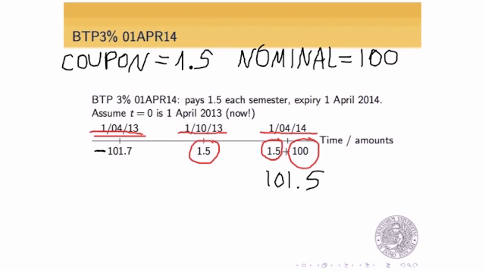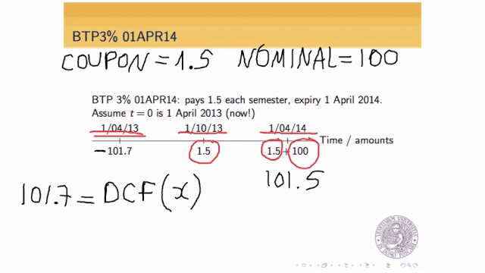So if you assume that the BTP is priced fairly, which means that what you pay today should be valued as much as what you will get in the future, then what you pay, which is 101.7, should be equal to the discounted cash flow of what you will get in the future. So what's exactly this equation? What I paid, which is 101.7, should be equal to the discounted cash flows.